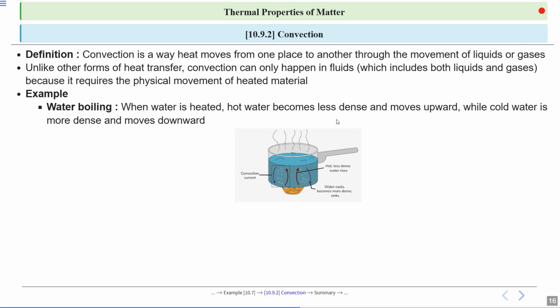So we can say here hot water becomes less dense because of heating, and when water is heated, it moves upward. Upward means, suppose look at here, from the lower part of the pan. So when we heat the water, the density of the water becomes less, so it moves upward.